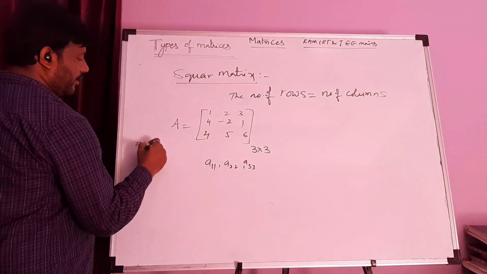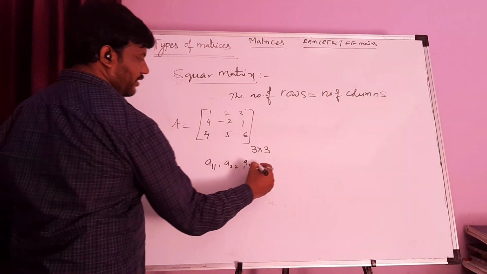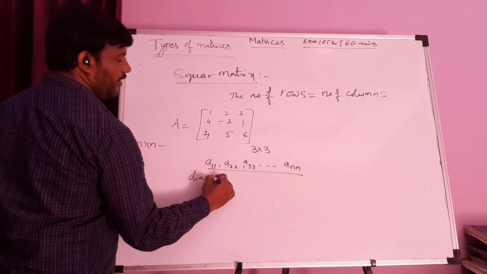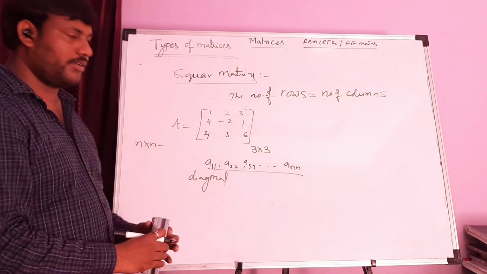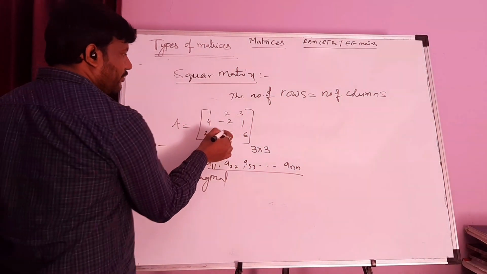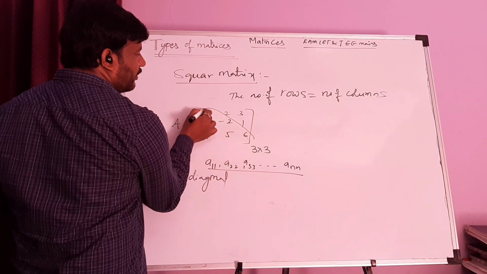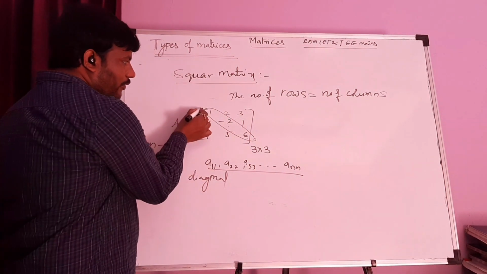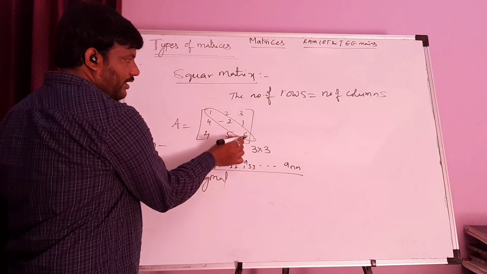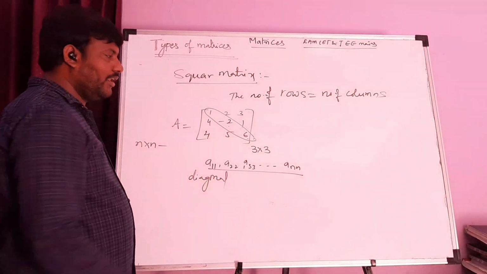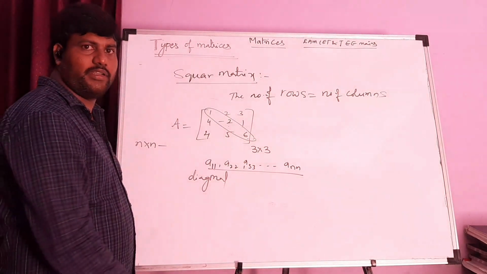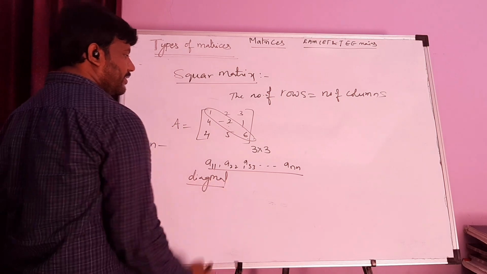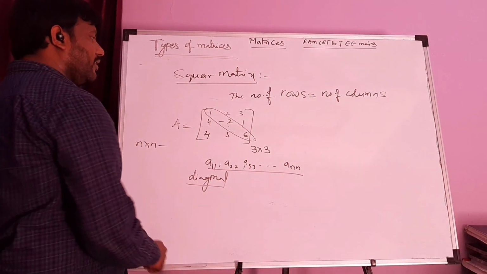In n by n order, the nth order square matrix will have diagonal elements up to Ann. In this example, 1, minus 2, 6 are the diagonal elements. Whatever lies on this diagonal are the principal diagonal elements. Simply we can say diagonal elements. This is very important in the square matrix.